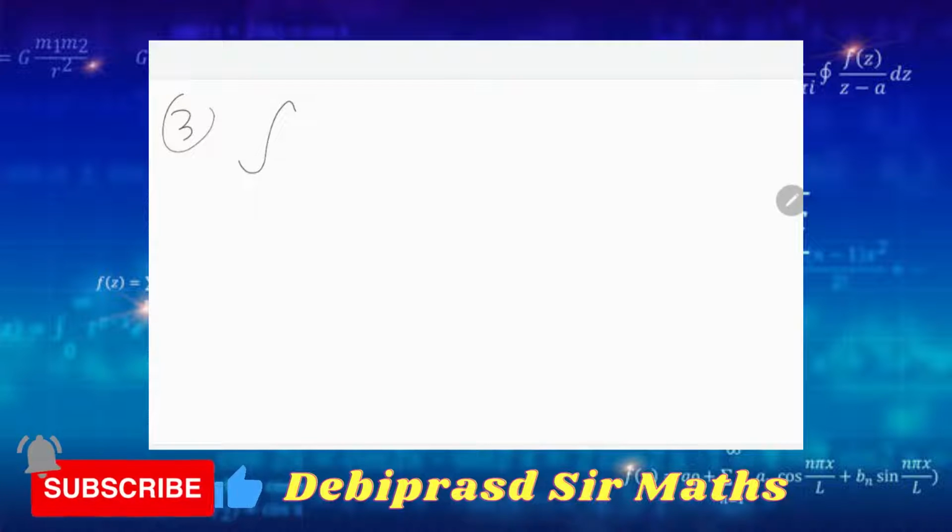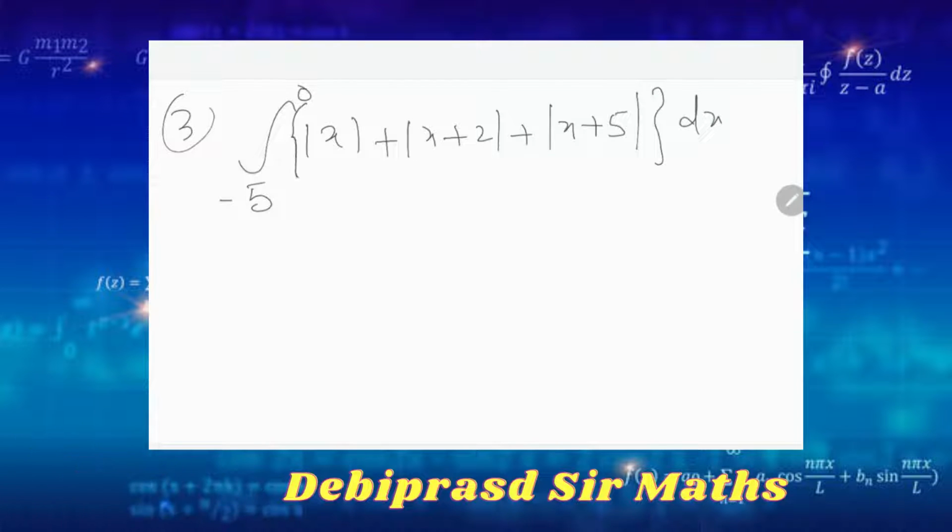This sum is the integral from minus 5 to 0 of mod x plus mod x plus 2 plus mod x plus 5 dx. This sum is very important for board exam.